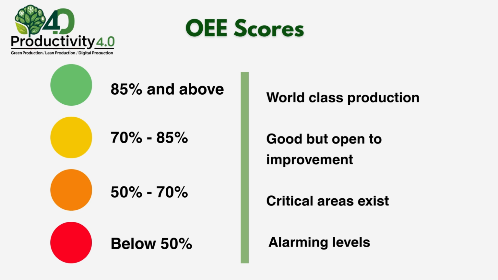OEE between 50% and 70% suggests there are critical areas with significant losses and inefficiencies that need to be improved. An OEE below 50% is an alarming level and indicates serious problems, urgent action is needed. These ranges help evaluate our production processes and make improvements. A high OEE means the production process is efficient and effective, while a low OEE indicates areas that need improvement.